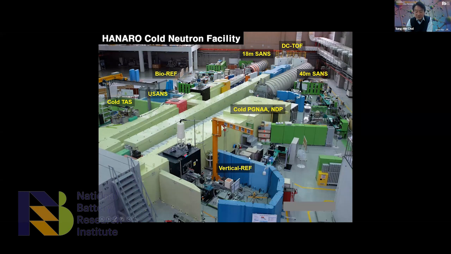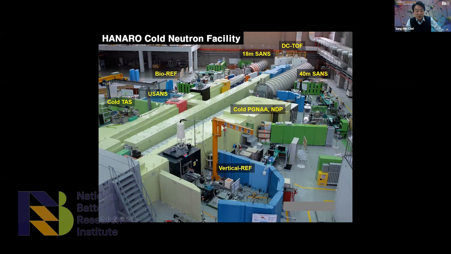And this is the photo view of Hanaro cold neutron facility. So vertical reflectometer, and then this prompt gamma activation analysis, and this 40-meter small angle neutron scattering, which I was involved in as a PI when it was developed. So our group mostly uses this instrument here, and then disk chopper time of flight, which measures inelastic scattering to see the dynamics.